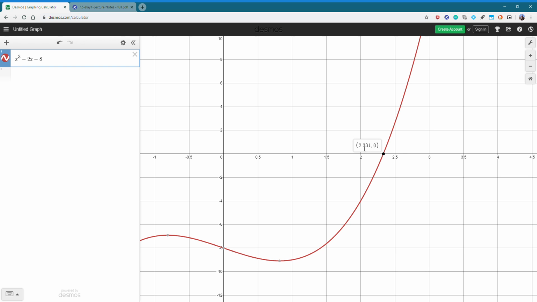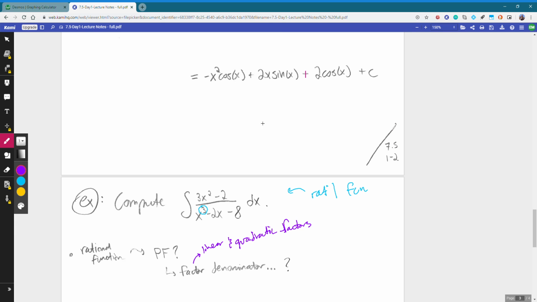This is going to be some irrational number, and it's going to be weird. So thinking about factoring this, it's possible, but it's not going to be so nice. And so partial fractions, at this point, hopefully not.